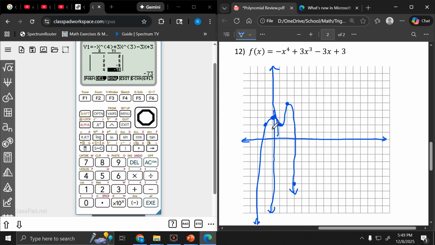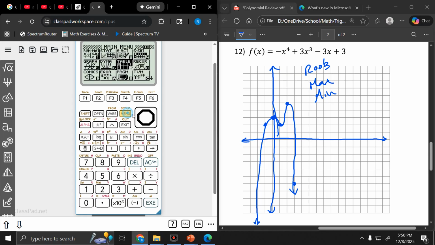So I do need the extrema, so I'm not going to scroll down in my roots. So my roots, I need my max, I need my min. So I'll go back over to my graph, and go ahead and draw that.